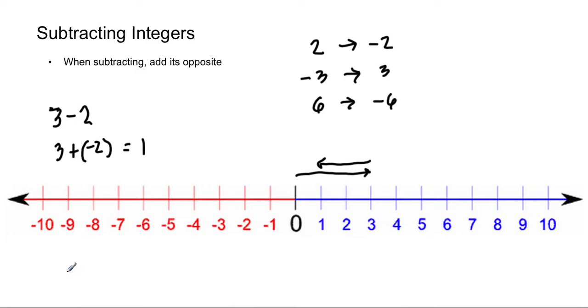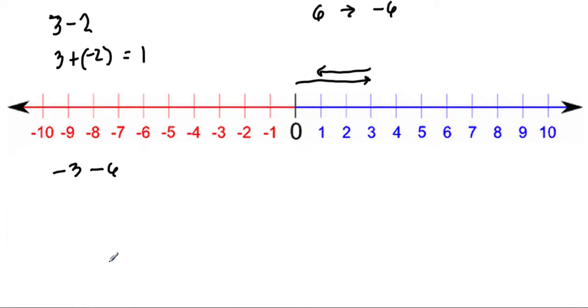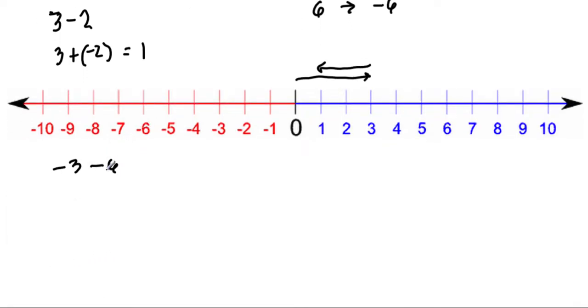Let's take a look at another example. Let's say I have negative 3 minus 6. So let's follow that rule. When you're subtracting, add its opposite. So you're basically just changing the next number after the first one, not the first integer.